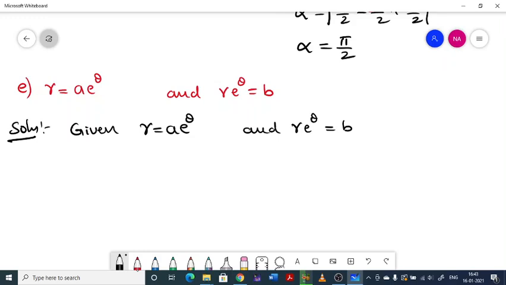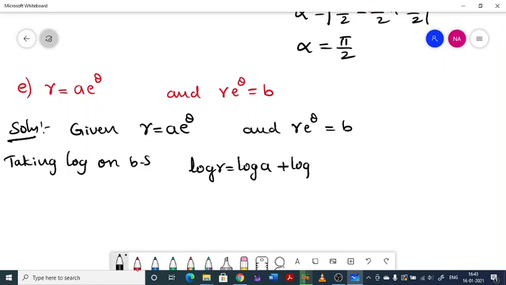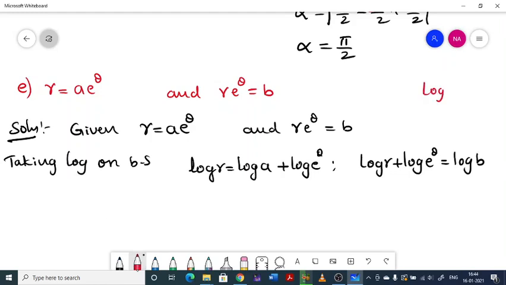Taking log on both sides, it will be log r equal to log a plus log e power theta, and this side log r plus log e power theta equal to log b. See, exponential function and log function are inverse of each other.